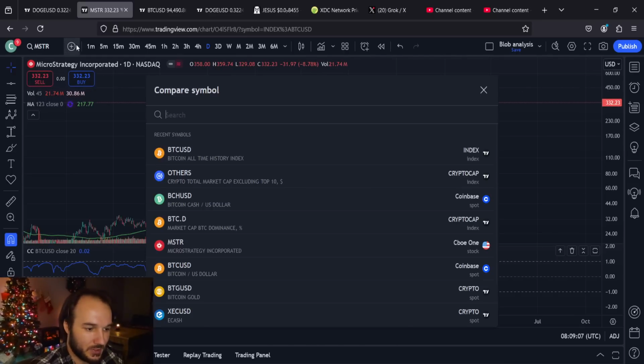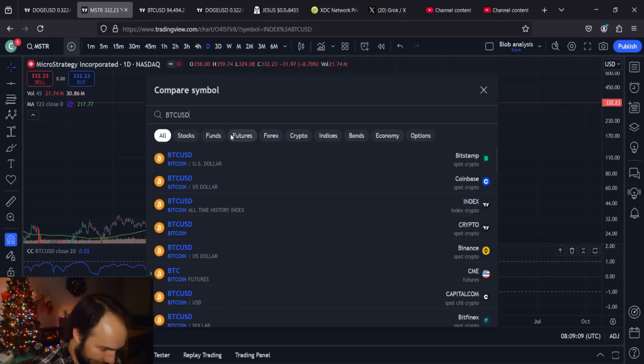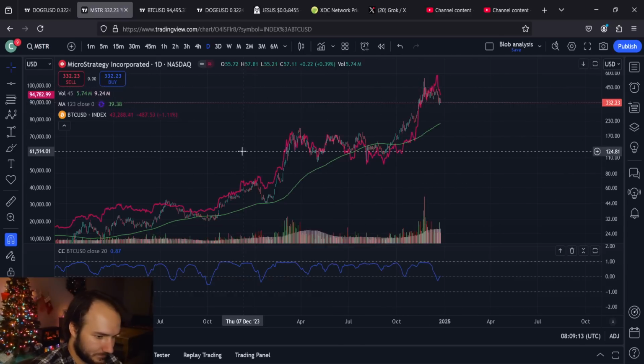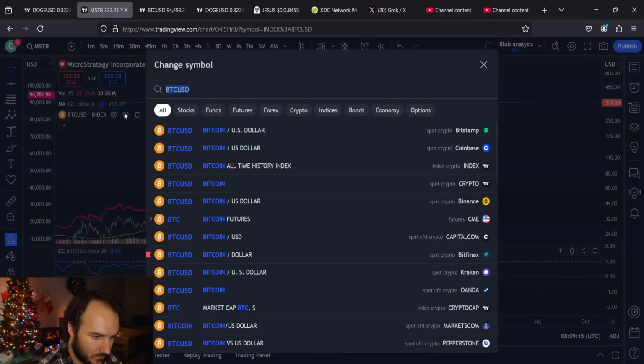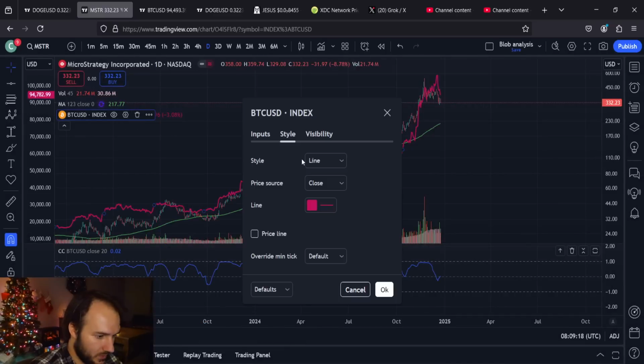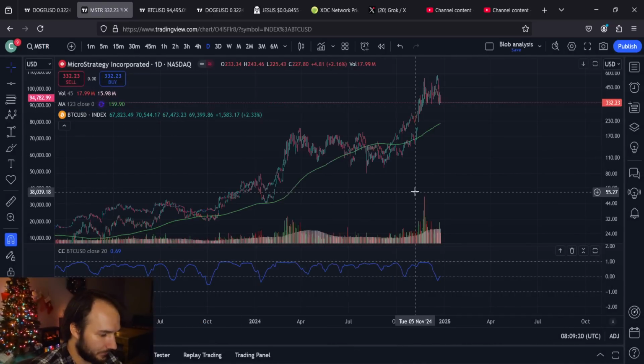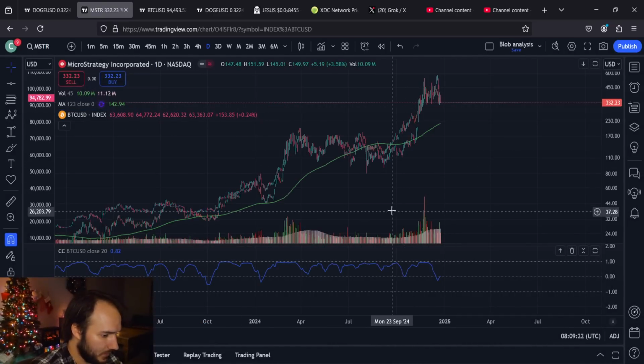Let's see real quick. BTC USD on the index. New price scale. And then we do candles. Right? Candles.